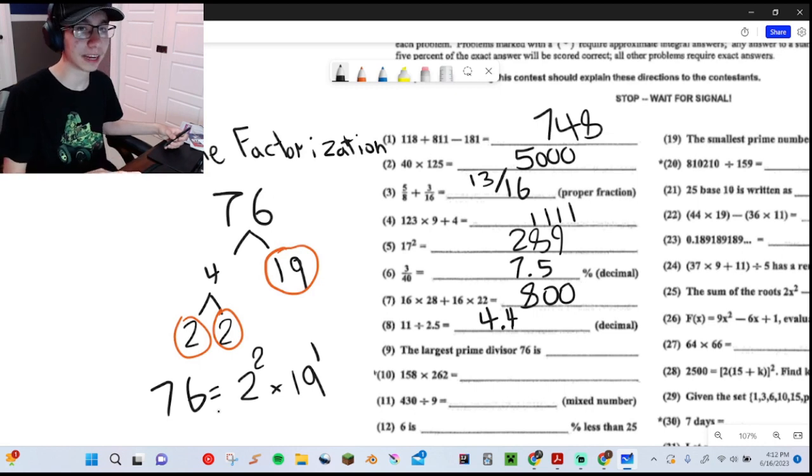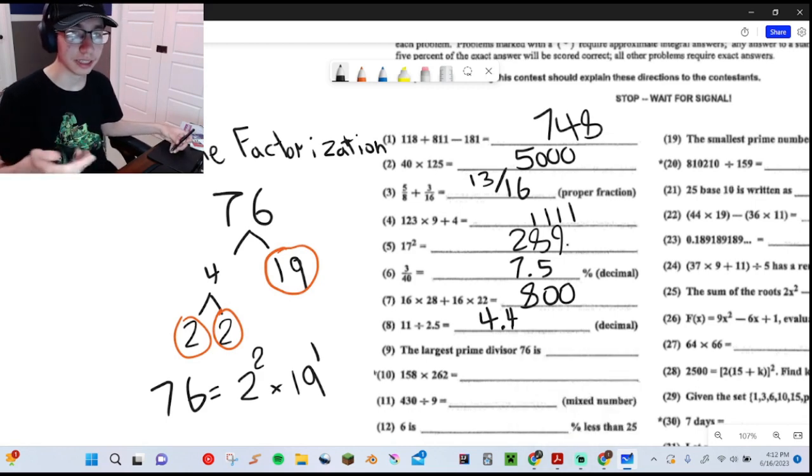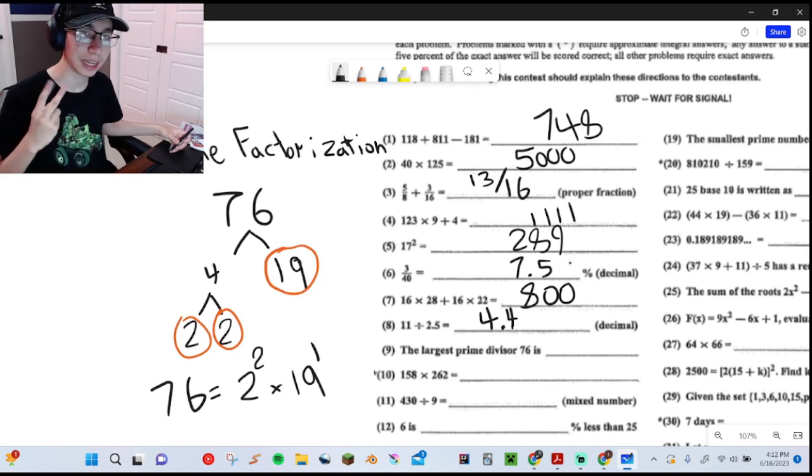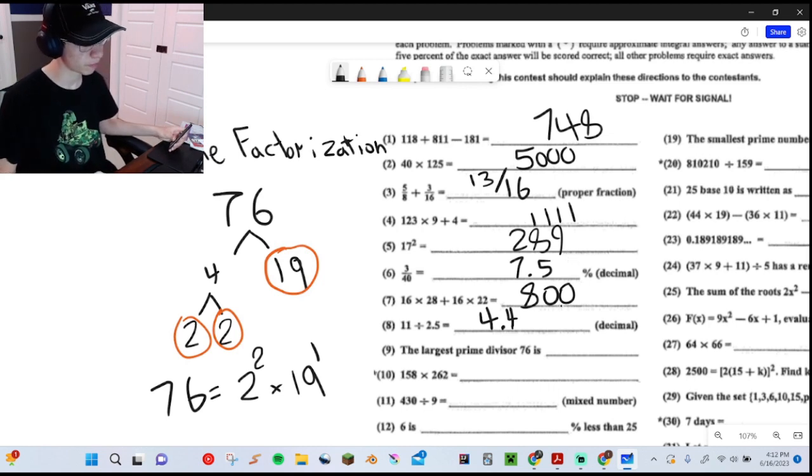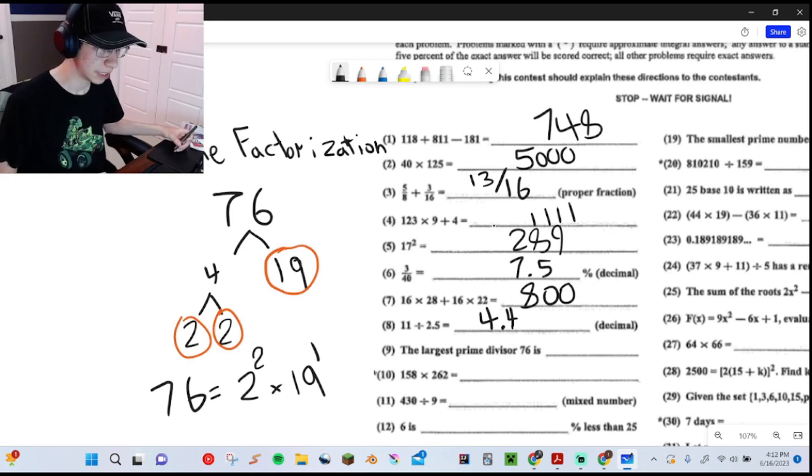These are the prime factors, 2 and 19. So if the question asked, how many prime divisors does 76 have, I would only say 2, those being 2 and 19. Now we want to know what's the largest prime divisor. 19 is greater than 2, so 19 is our answer.